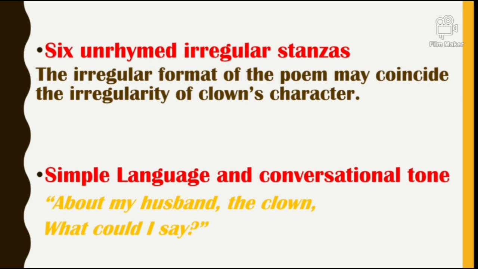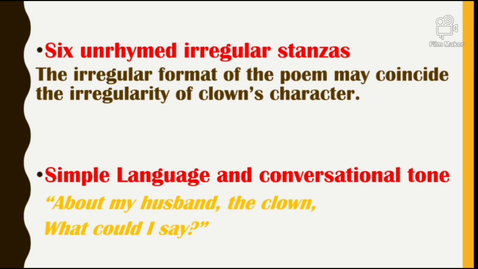There is no proper rhyming scheme in the poem, and there are 6 unrhymed irregular stanzas in the poem, and the irregular format of the poem may coincide with the irregularity of the clown's character. As you can remember, the clown's character in the poem is not a steady character. He is having dual identities.